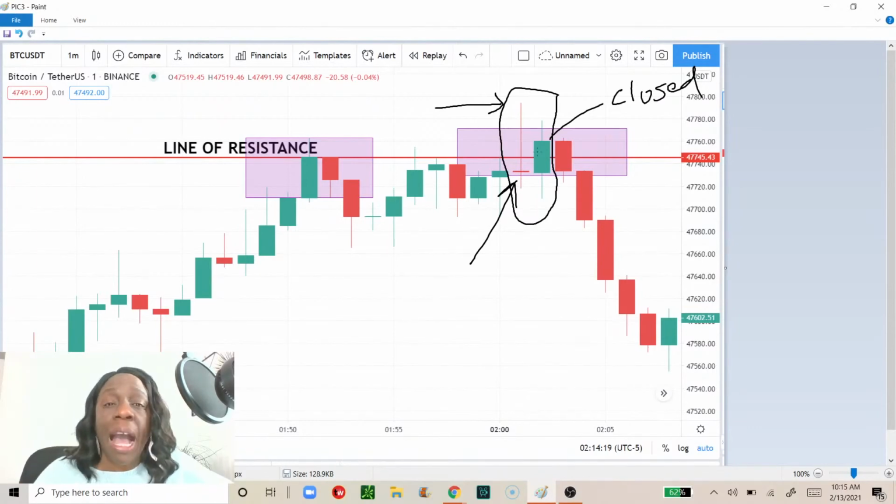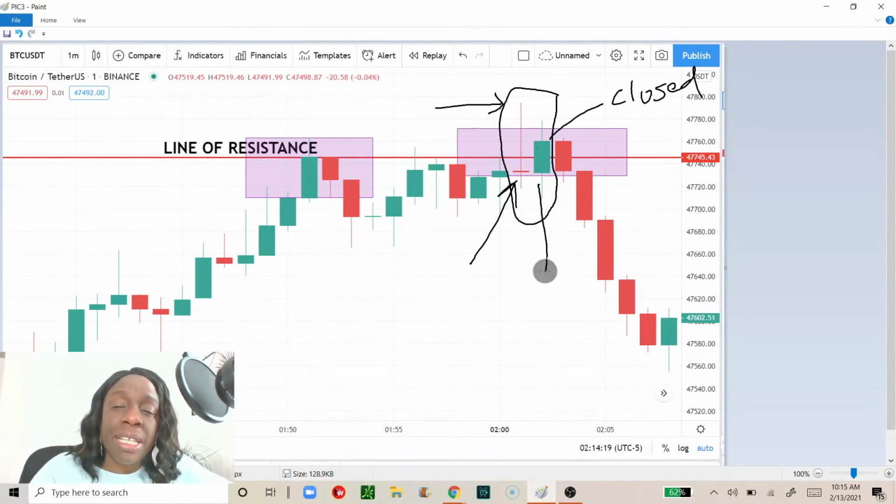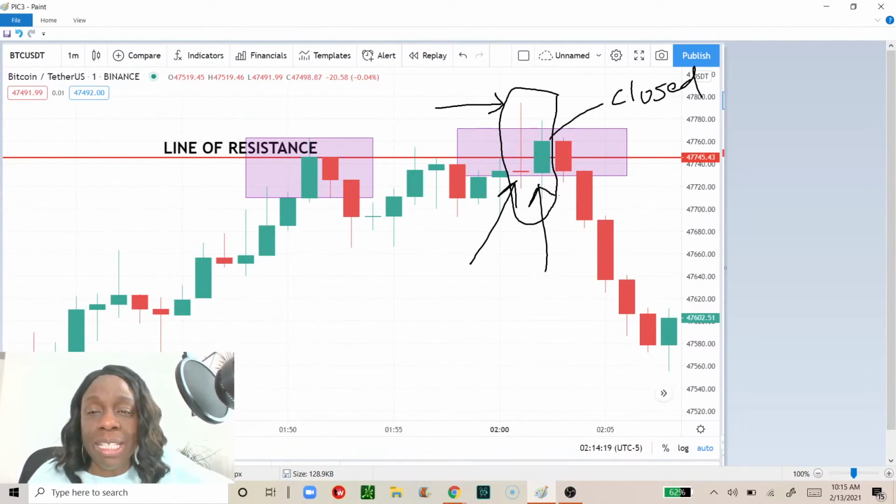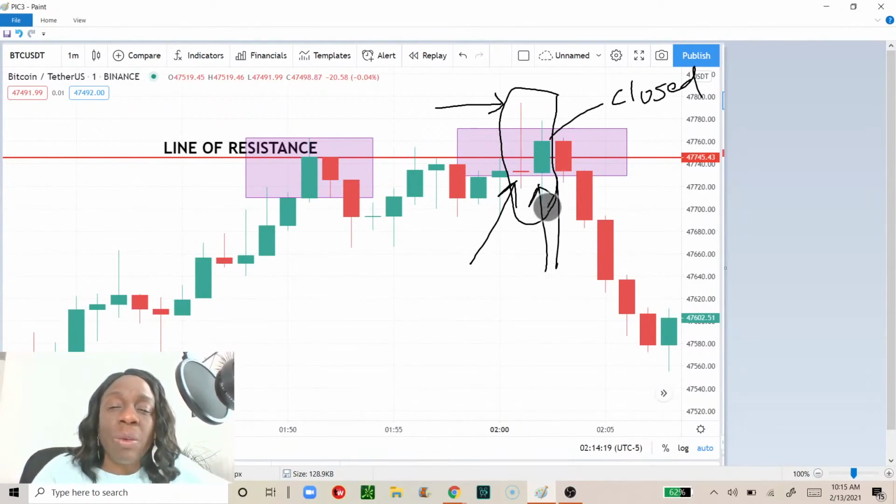But the one thing I have personally learned is to wait for 2 candlesticks to close. You want to wait for not just this green candlestick to close above the line of resistance, you actually want this second one as a confirmation that price action is going to continue upwards.